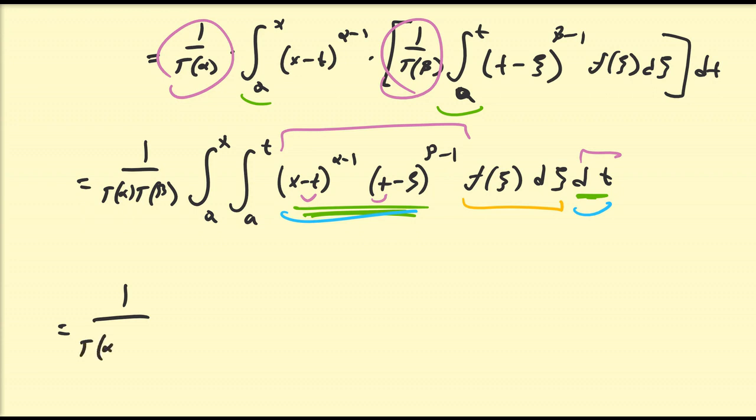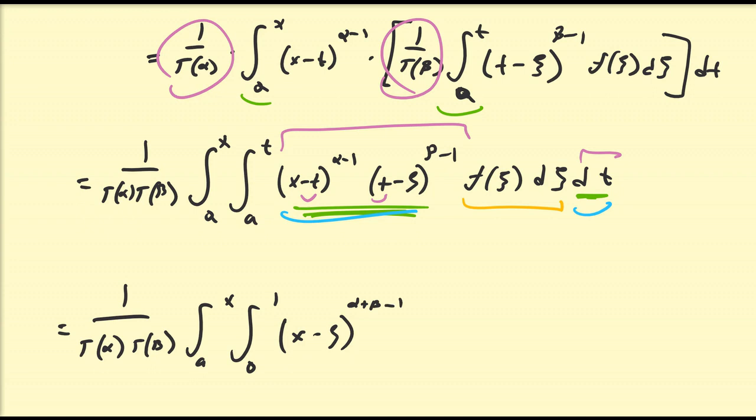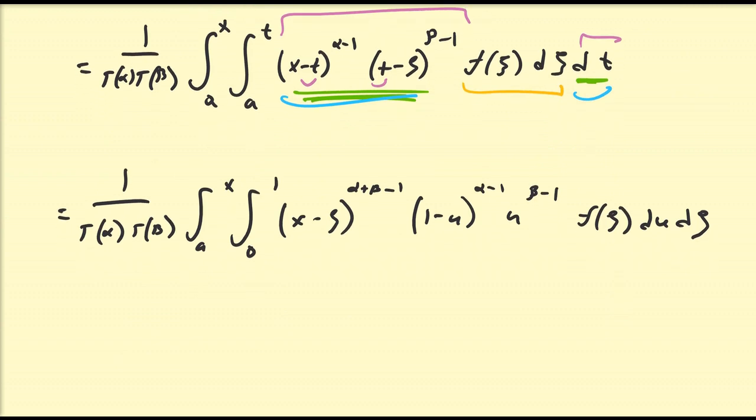Alright, so once I expand these two things via substitution and some shift theorems, then you can actually rewrite this as 1 over gamma alpha, gamma beta, times the integral from a to x. This can actually be written using substitutions as the integral from 0 to 1 of (x minus psi) to the alpha plus beta minus 1 times (1 minus u) to the alpha minus 1, u to the beta minus 1, f of psi, du d psi. So once we have that, now we can rearrange this in terms of the variables that we actually care about.